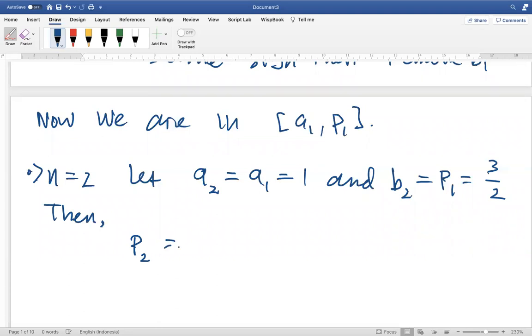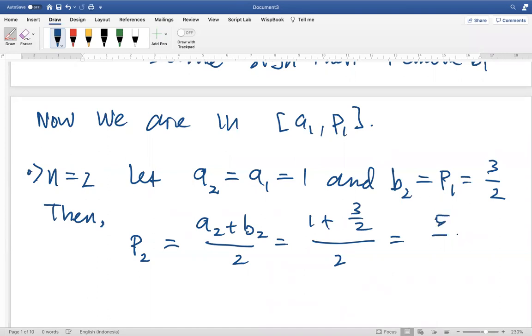P2 is equal to A2 plus B2 over 2. That is 1 plus 3/2 divided by 2. So you have in here how much? 5/4.